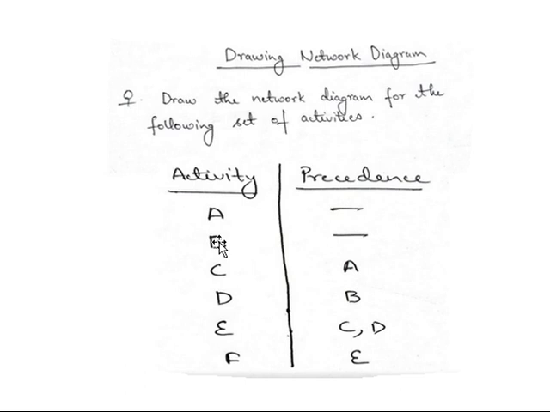A and B do not have any relationship. C will start only when A is finished. D starts only when B is finished. E will start only when both C and D have been finished. Then activity F will start only when E is finished. Keeping this in mind, we need to construct the network diagram.